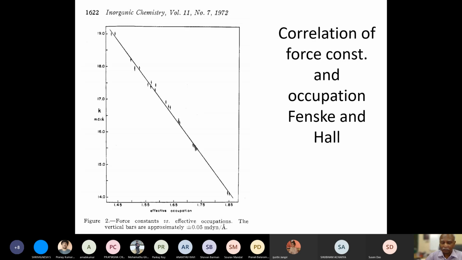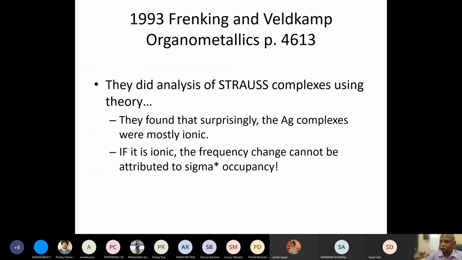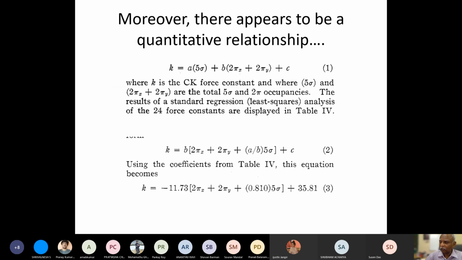This straight line had a nice regression coefficient also. So it seemed to be a very nice relationship between just the sigma depletion and the pi star occupancy. So this is the equation that they derived.